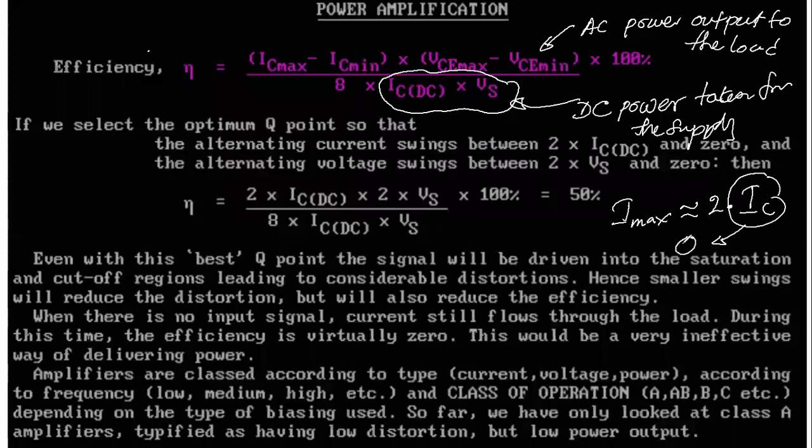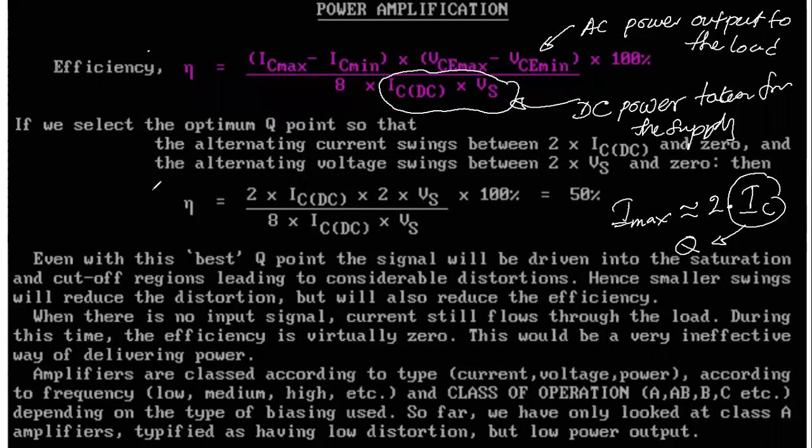You can see that in the graph. If you operate your transistor at the middle point of the load line, then this I max is almost equal to 2 times IC.